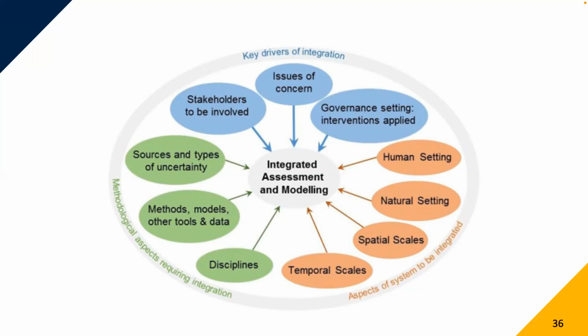Spatial, temporal, these should probably be specific details of the human and natural setting. And I would say almost everything that we've talked about so far is mainly focused on the human setting. And then methodological aspects. What models and methods are you going to be using here? And how do you integrate uncertainty into those methods?